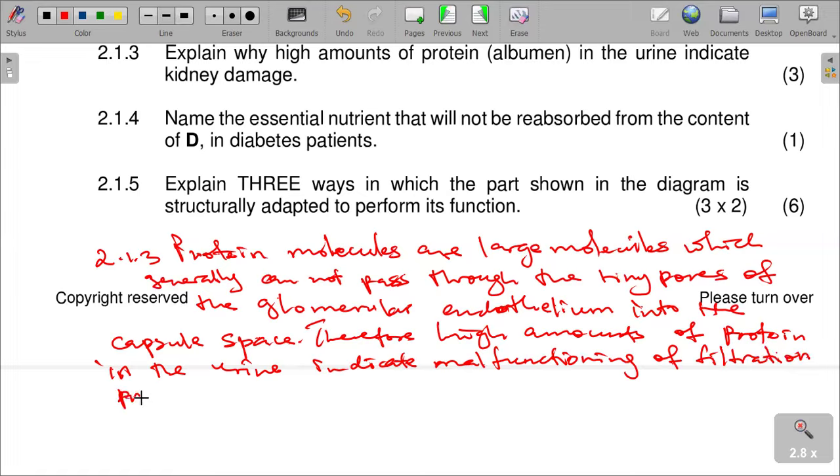It is not possible for protein molecules to just pass through because of their size. So if they are found there, it means that the filtration process is not taking place properly.